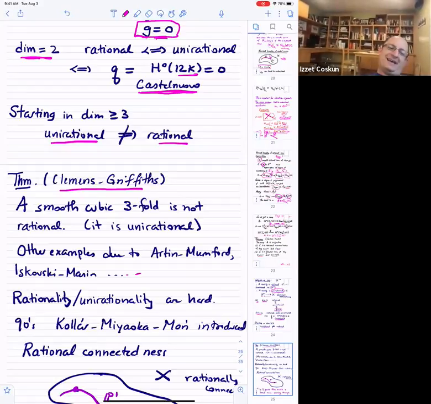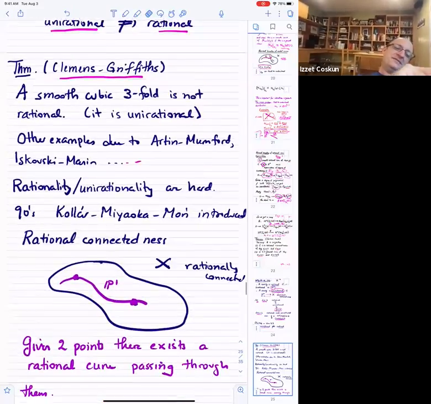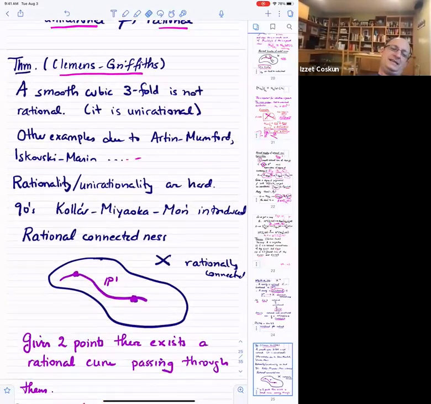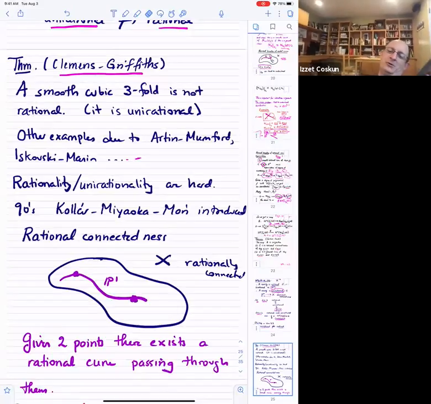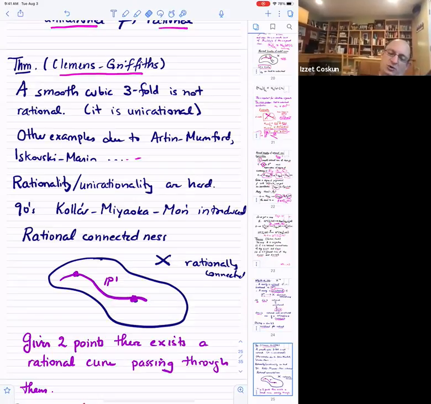But the point is that rationality and unirationality are very hard to understand. They're very difficult problems. In the 90s, Kollár, Miyaoka and Mori suggested an alternative that's easier to study, and this is rational connectedness.